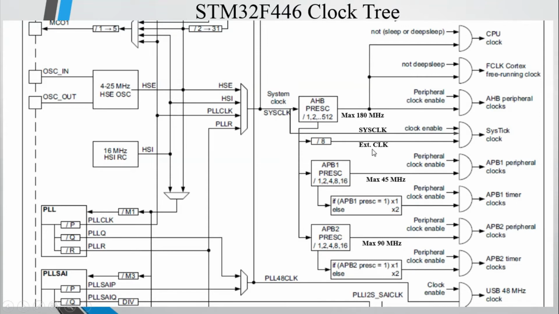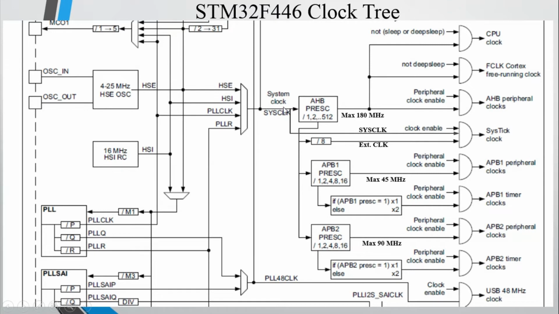The external clock is nothing but the system clock divided by 8, or AHB prescaler by 8. So if you are configuring the system tick with the external clock, the AHB prescaler by 8 will be taken, otherwise the system clock will be taken.